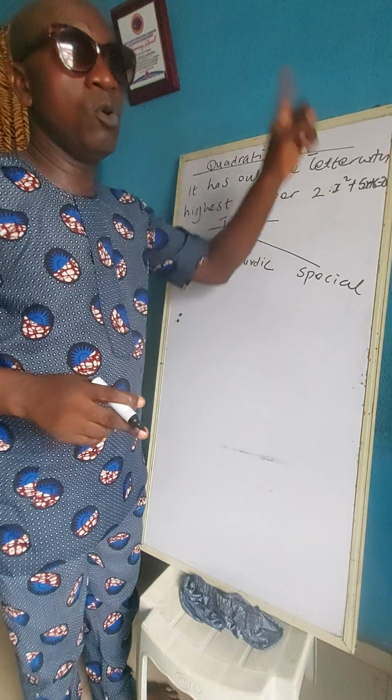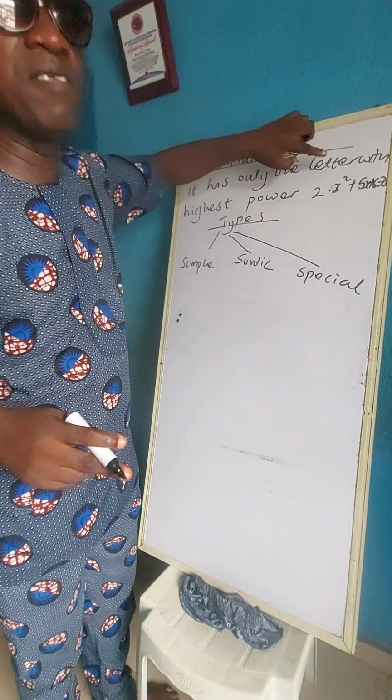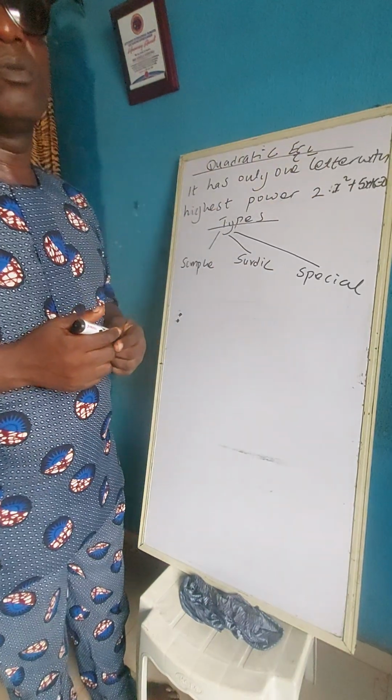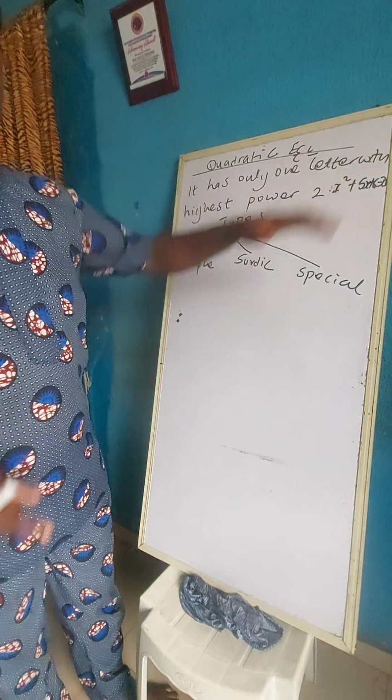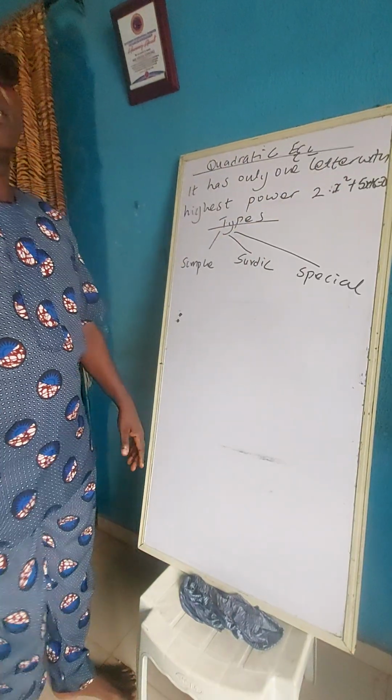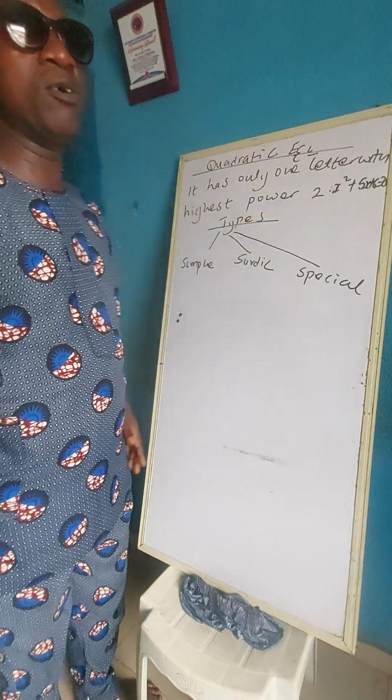Letter x, only one letter, and the highest power of that letter is 2, which is square. That's how you can get the difference between the linear and quadratic equation.